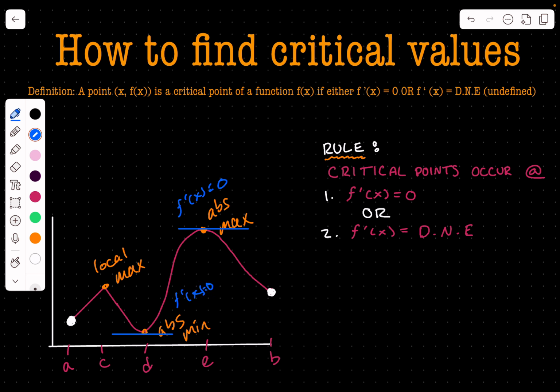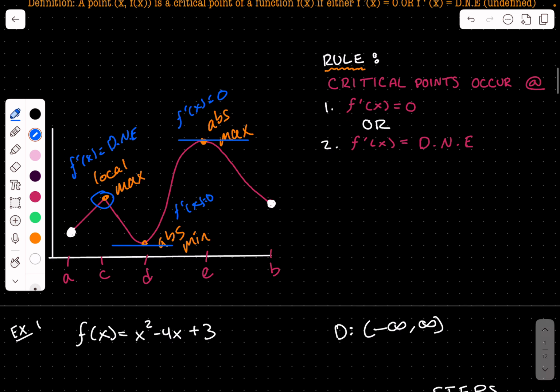However, if you can't make one unique horizontal tangent line, which we cannot do here since we can make a bunch of tangent lines there, that means at that point f'(x) does not exist. You could also ask yourself, is it a sharp, very abrupt turn? Then it's not going to exist either. You could also think of it with the roller coaster method that I discussed. I'm not going to go through that whole thing right now, but again, if you haven't watched that video, I recommend watching it. So let's just jump right into it.